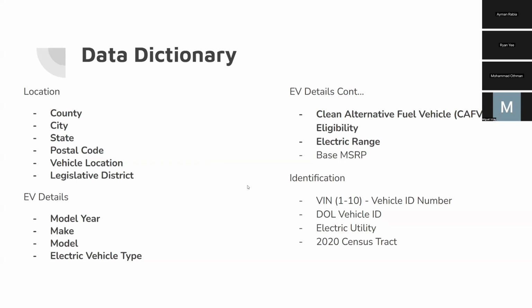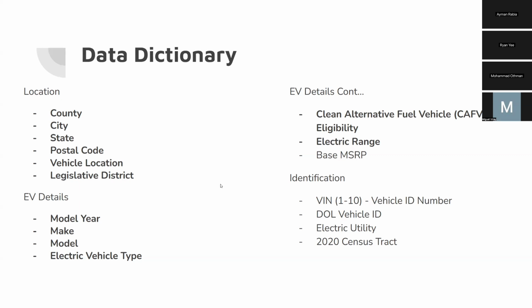And for the electric vehicle details, we have the model year, make, model, and the electric vehicle type, which is just either hybrid or battery type. In addition, we have the clean alternative fuel vehicle eligibility. The electric vehicle is just either eligible or not, and this is for tax reductions.